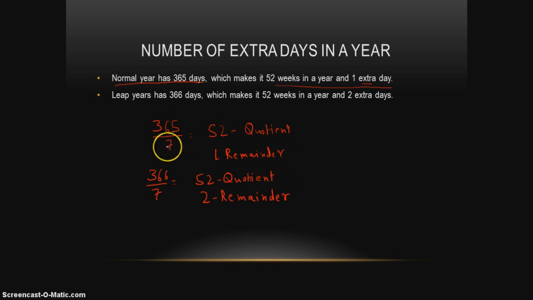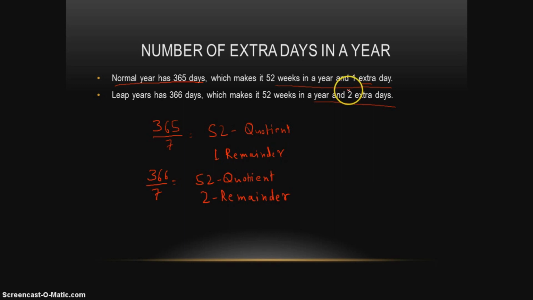So this is about extra days in a leap year and a normal year. A leap year has 2 extra days and a normal year has 1 extra day. Before moving to the next concept, let me try to illustrate something.